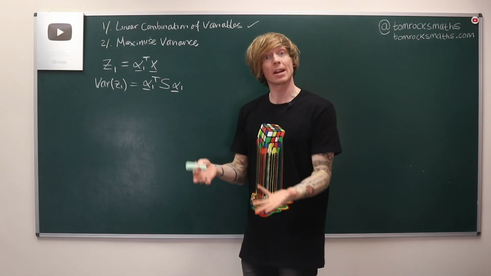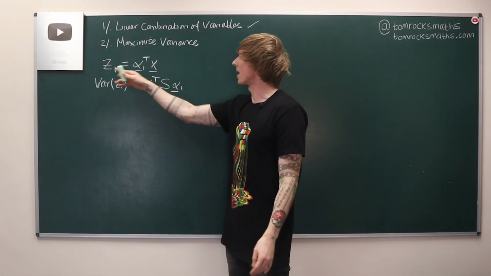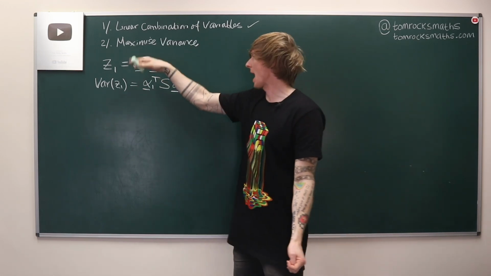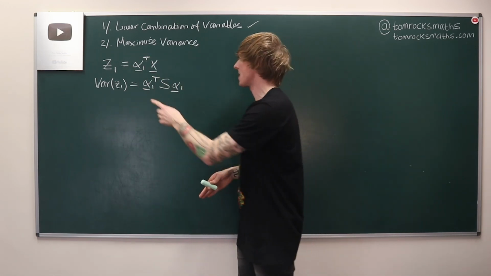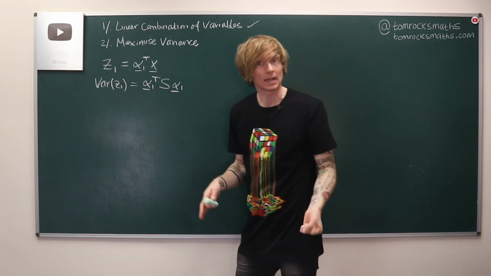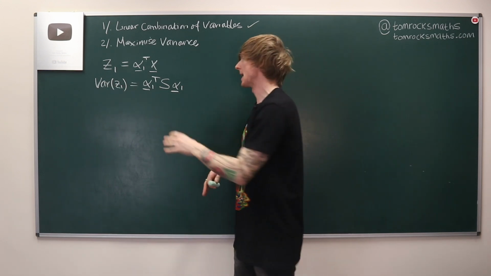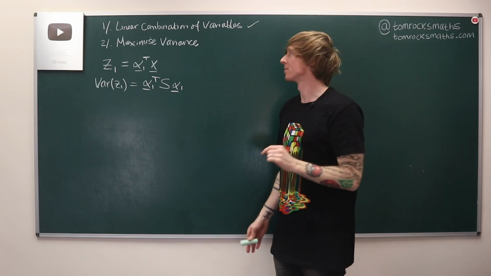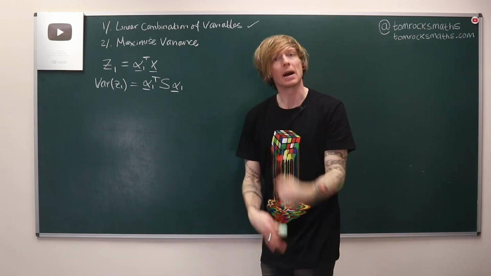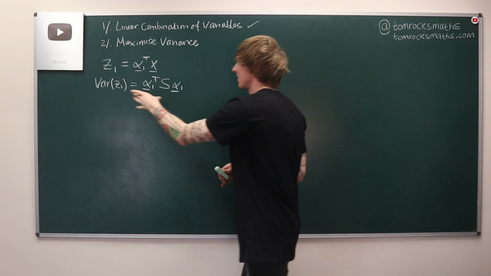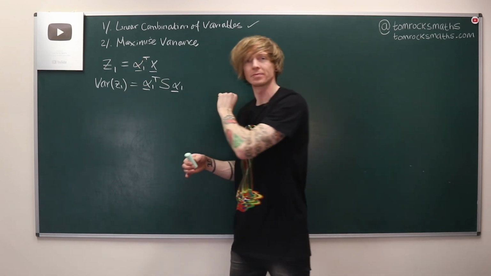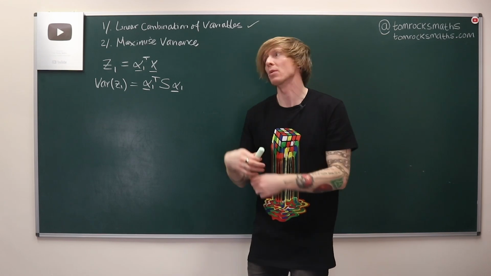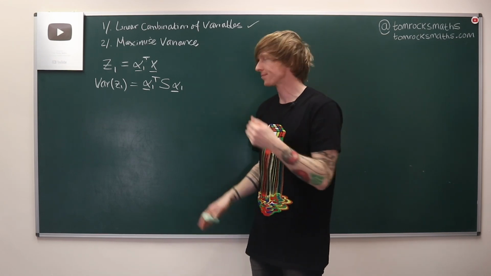So we have our general linear combination of the variables given by Z1 is alpha transpose times X, where alpha is to be determined. And then we have that the variance of this linear combination, which we just worked out, is alpha transpose times S times alpha. Now, we want to maximize the variance. We want to make this as big as possible, and that's going to determine what our coefficients alpha need to be, what that rotation is, if you will.